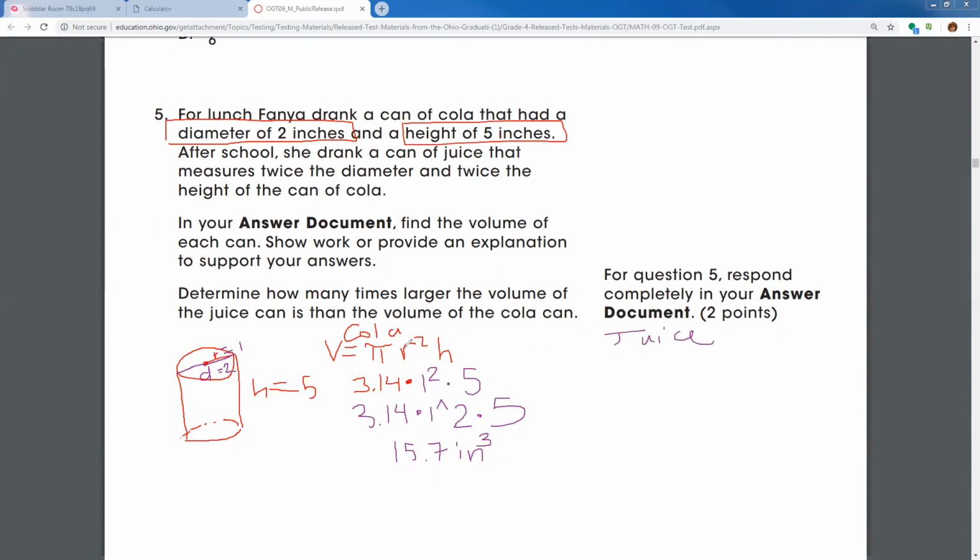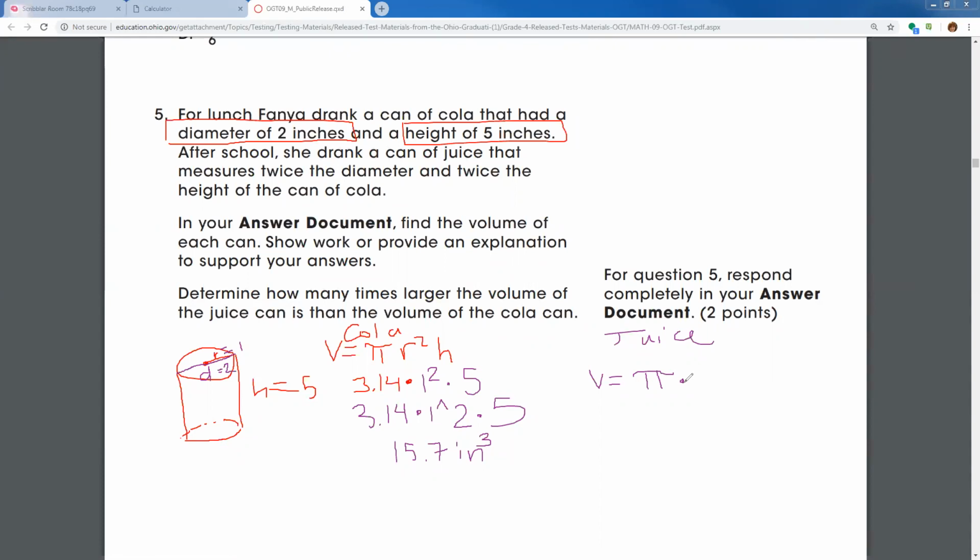So the juice is going to use the same formula, but new numbers. We still have pi. And then what's our new radius? It says that the can of juice measures twice the diameter and twice the height. So what's our new radius and what's our new height if we're doing twice the amount? Two for the radius, good.